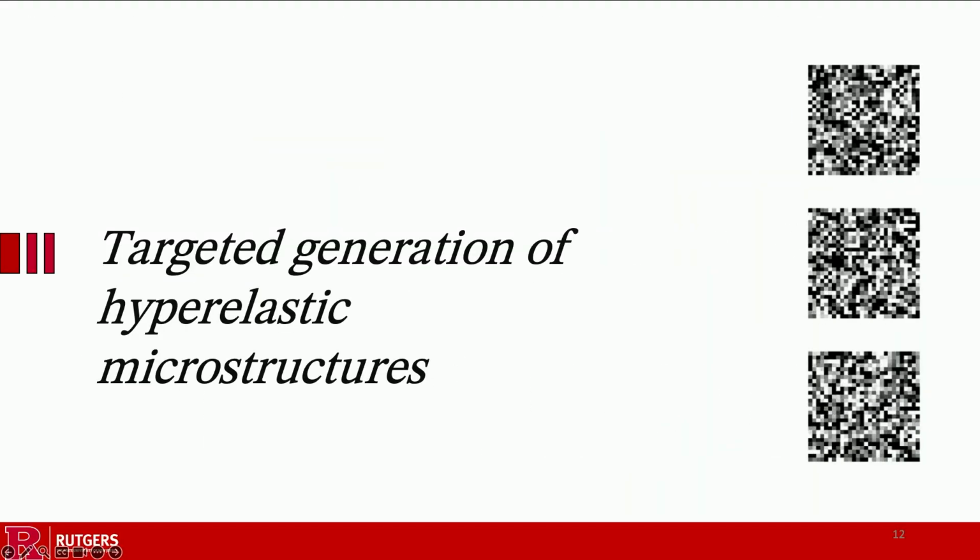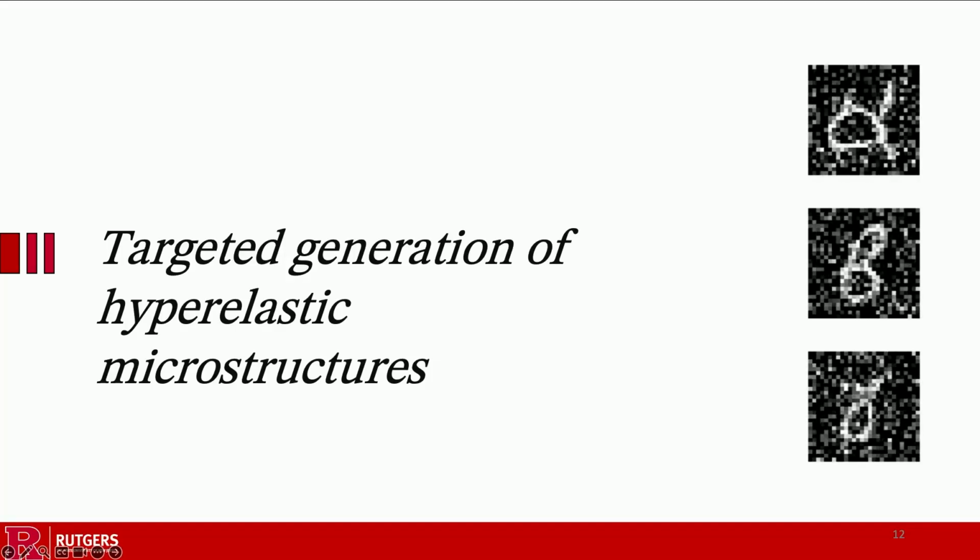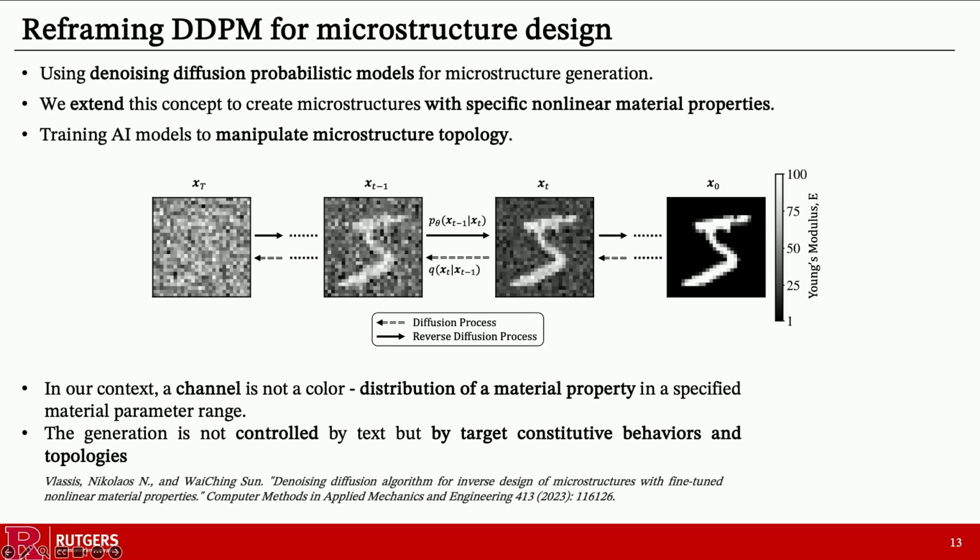I first wanted to talk about the paper we published back in 2023, where we reframed the DDPMs to not generate images. We don't care to generate images of cats and dogs, but we do care to generate property distributions.